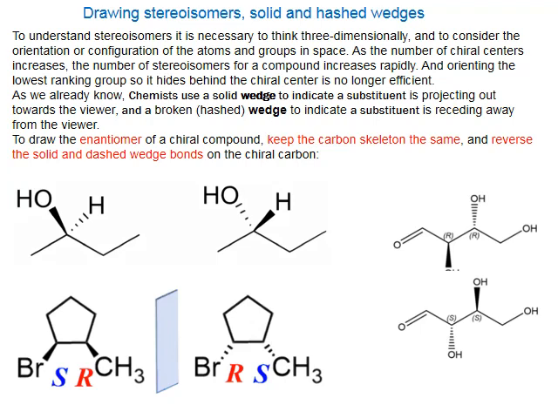As we already know, chemists use a solid wedge to indicate a substituent is projecting out towards the viewer, and a hashed wedge to indicate a substituent is receding away from the viewer. To draw the enantiomer of a chiral compound, keep the carbon skeleton the same, and reverse the solid and dashed wedge bonds on the chiral carbon. Doing this will invert the configuration of the chiral carbon.